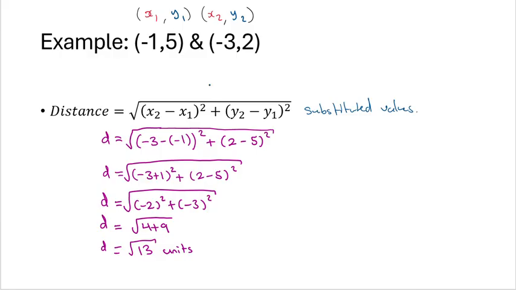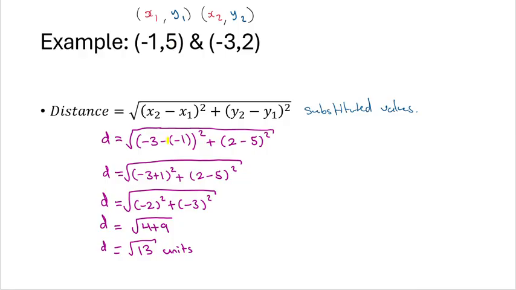So x2 being -3, so -3 minus, and this is something you have to be careful about, this negative situation, I subtract by -1. And then I have to square the whole thing. You've got to be very careful with your algebra here. And for my y2 minus y1, I have 2 minus 5.